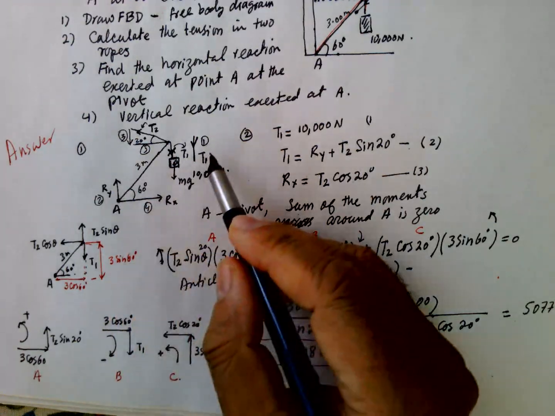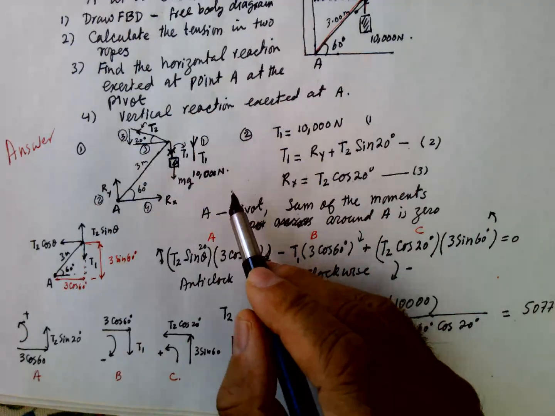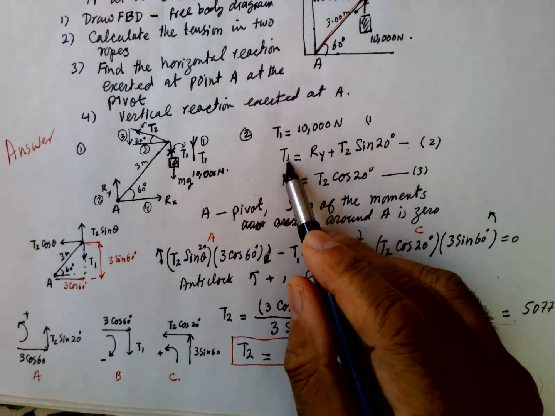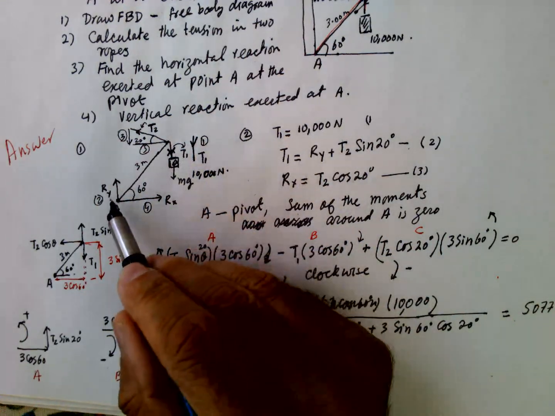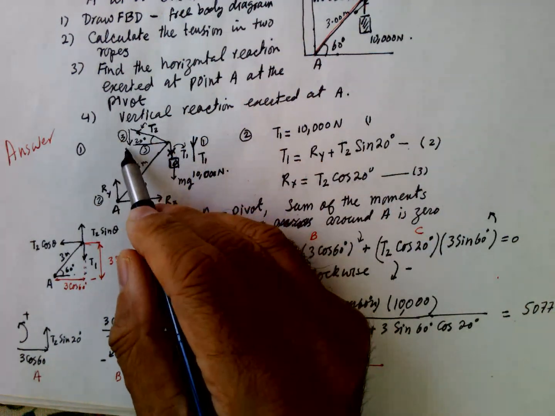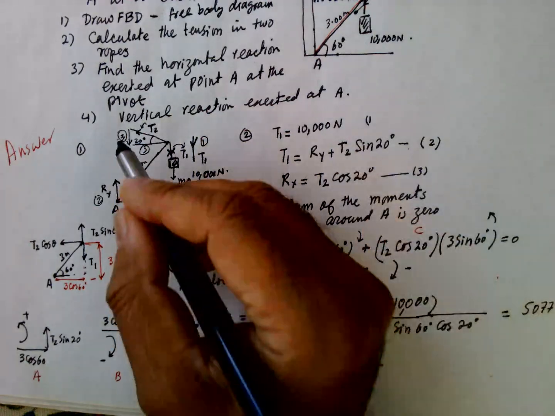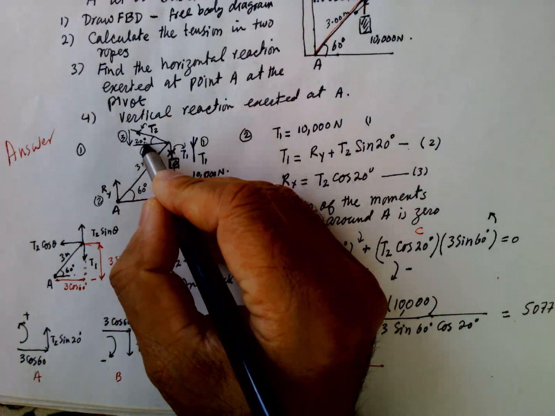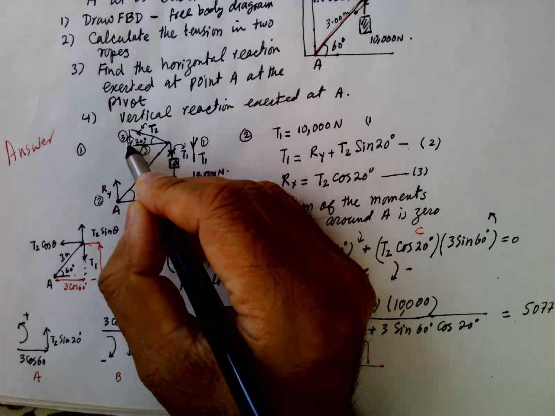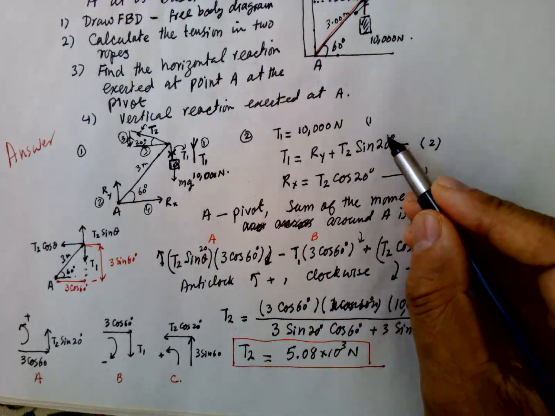So T1, 1, 2, and 3. T1 down, Ry up, and this one is down. This one up, and this one is the resultant.